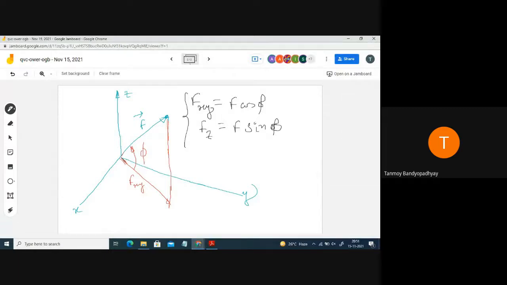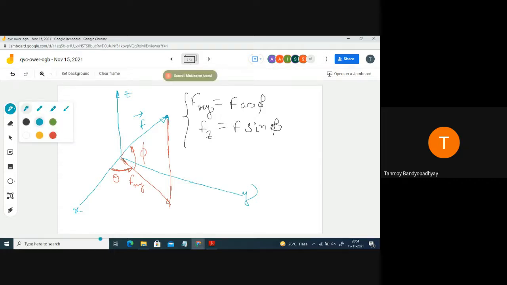So now let us break this component. If you know this inclination in the xy plane, so this phi was an inclination in the 3D plane. Now I am just considering the xy plane, so let this inclination be theta. If this inclination is theta, let me break the fxy component into two parts.